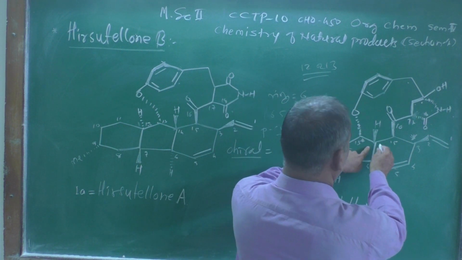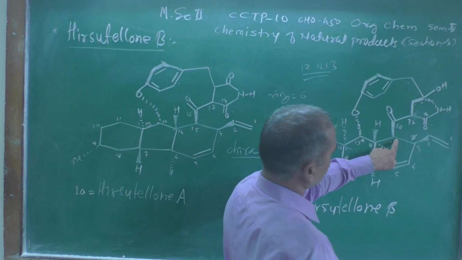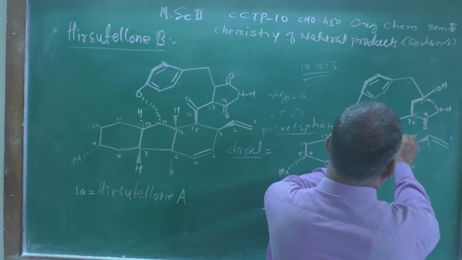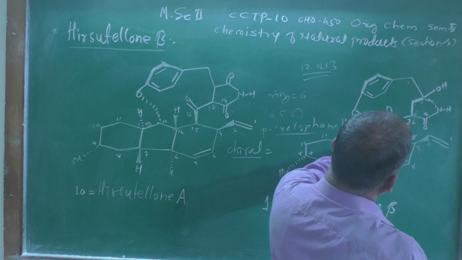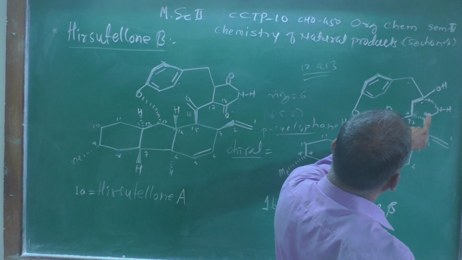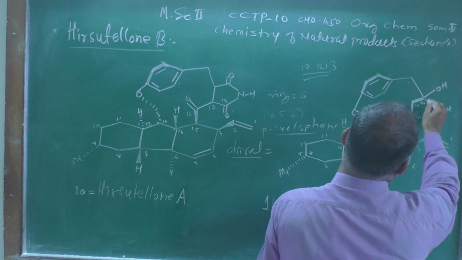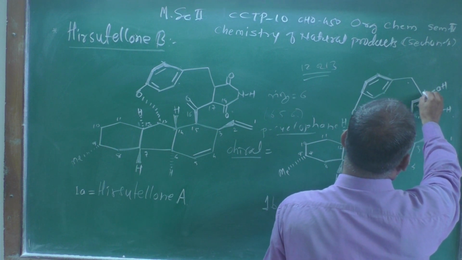Then 14, yes, it is also a chiral center. Now 15, yes, it is also a chiral center. 16, no. 17, yes, it also has a chiral center. 18, no. Then 19, 20, is 20 a chiral center?